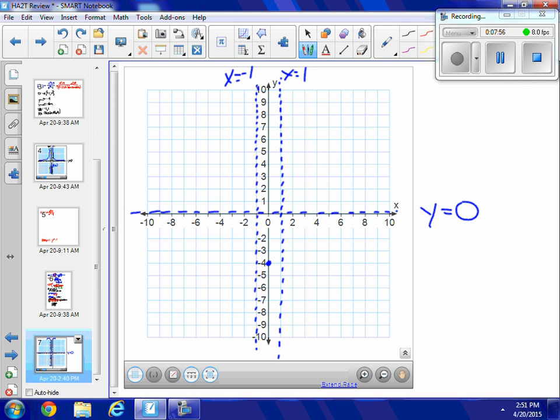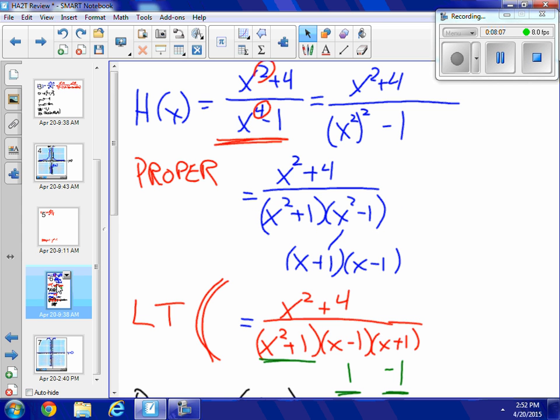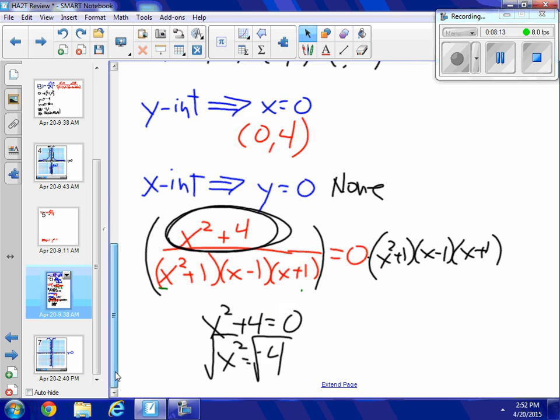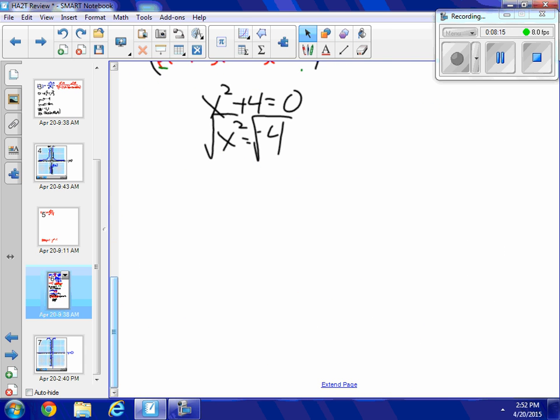And I need to determine if there are any points at which the graph of R intersects that asymptote. Well, my graph of R is following this function x squared plus 4 over x to the 4th minus 1. Let's just write it down here at the bottom. That's going to give me the graph of my function.